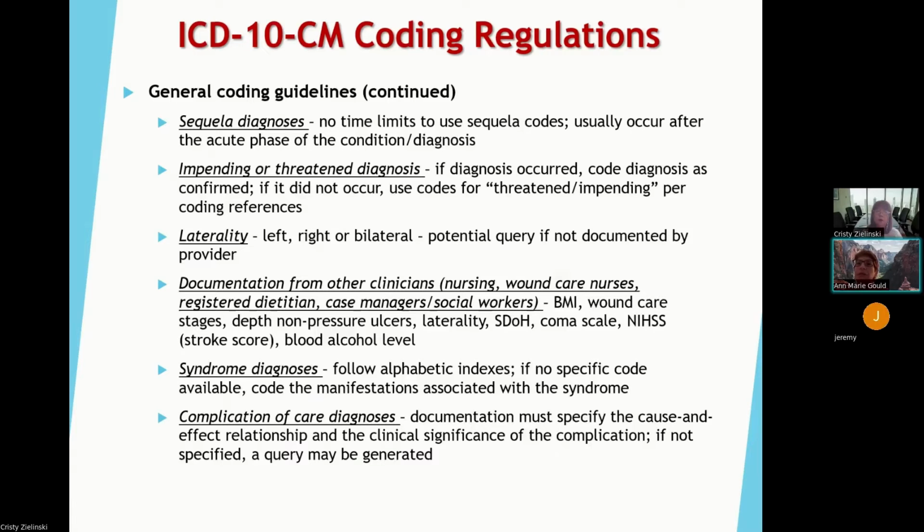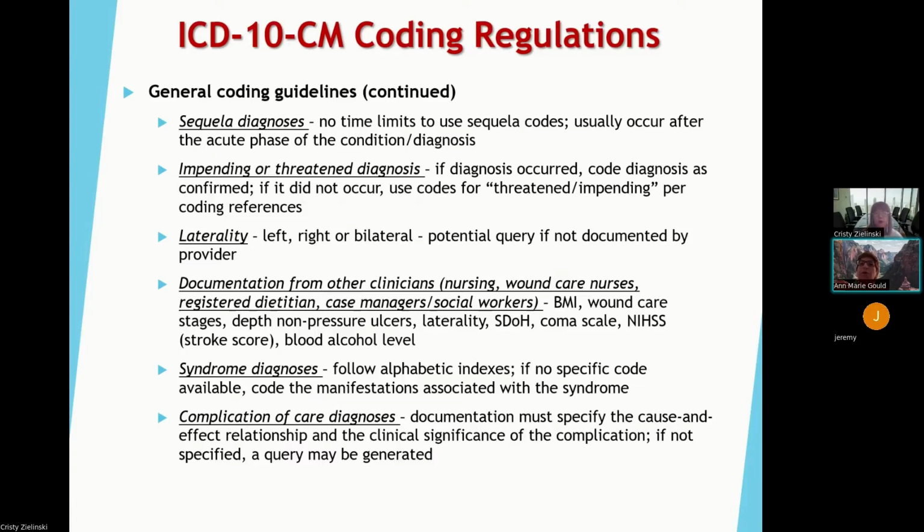Okay, and these are some of the interesting ones that everybody gets a little confused on from time to time, and I know I do from time to time from a CDI point of view. Your sequela diagnosis. There's no time limit to use on sequela codes. Usually they occur after the acute phase of the condition or diagnosis. So what comes to mind there?